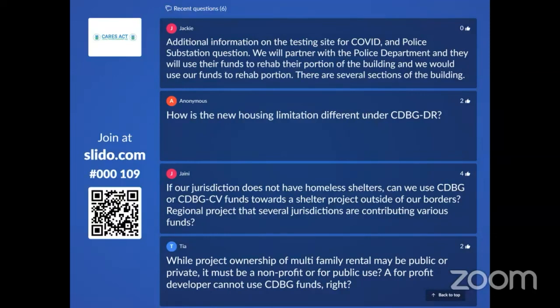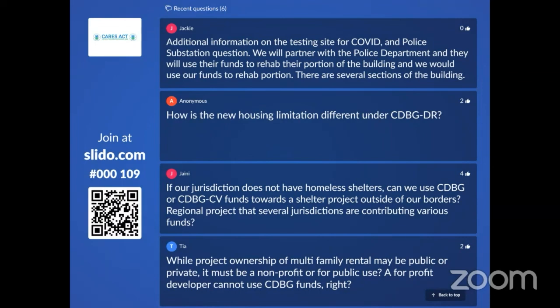Looking at this building here, let's say the first floor was the testing site for COVID, and the second floor was the police substation, and the third floor was a different type of public service.